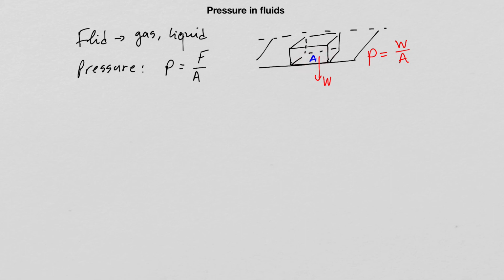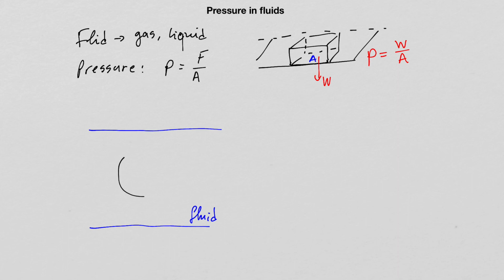Okay. What happens when we submerge an object in a fluid? We know that that object will experience force and therefore pressure. So consider this our fluid. In this example, that will be liquid, and it can be water, it can be anything, it doesn't matter.